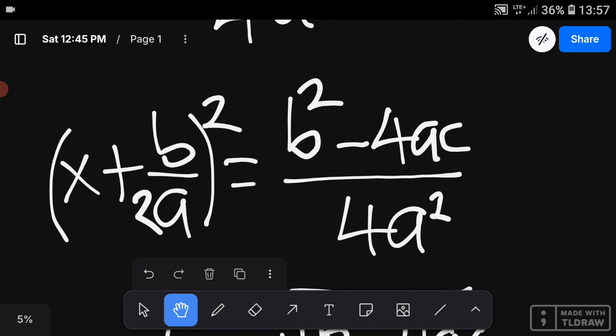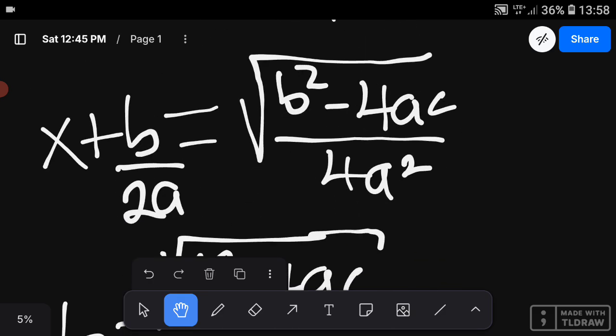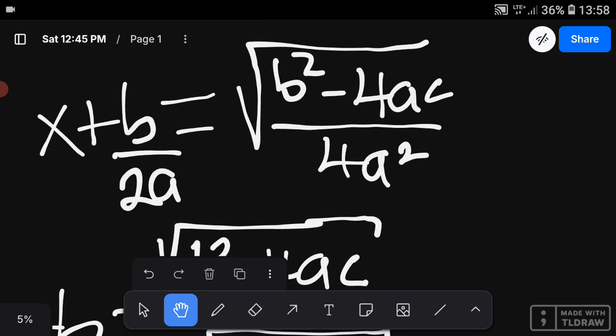All right, so this now becomes, we introduce the square root on both sides of this equation. The square on the left hand side cancels, and we are going to have x plus b on 2a equal to the square root of b squared minus 4ac on 4a squared. Now this square root sign is distributive over division, okay?